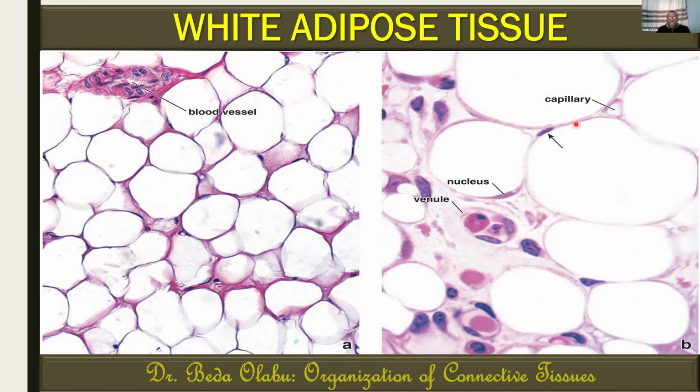And this we can also use to appreciate what I meant by eccentric flattened nucleus. You can see the nucleus there, it's eccentric and flattened. We can also appreciate that the cytoplasm is very thin. Look at that cytoplasm, very thin, forming a thin rim in the periphery of the cell.